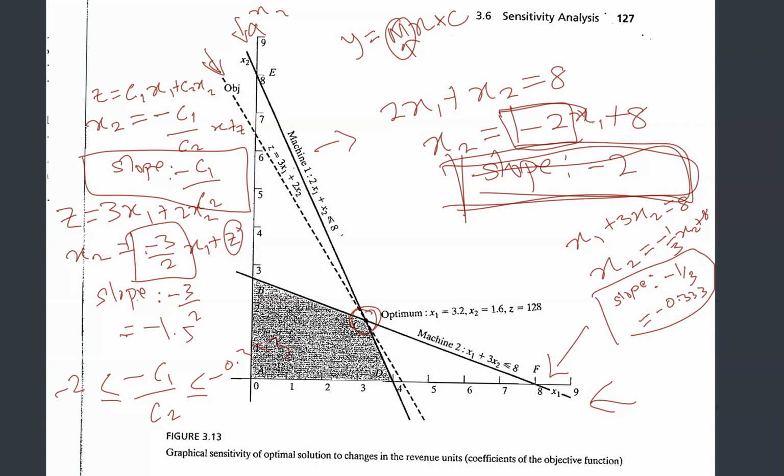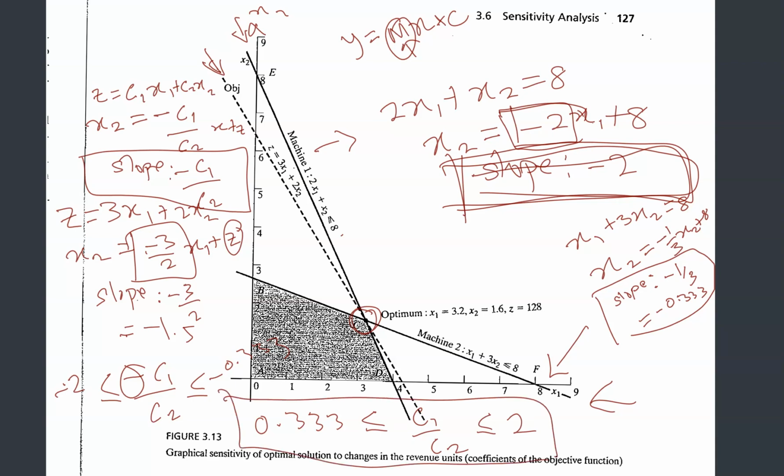We don't want to write it with a minus, so we multiply by minus 1. So we have 0.333 less than c1 over c2 less than 2.